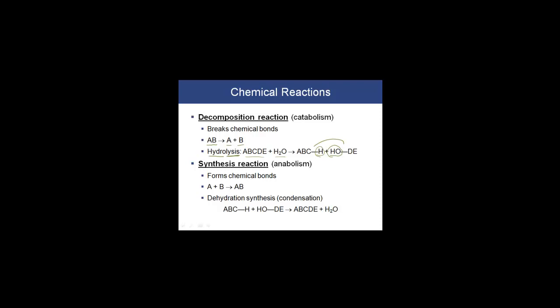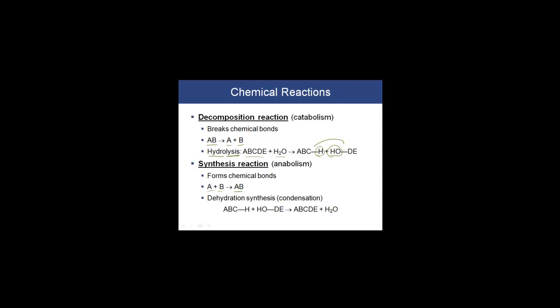Synthesis reactions refer to the formation of chemical bonds, and it's kind of the reverse of decomposition. In a synthesis reaction, A plus B is going to yield AB. So we've actually formed a covalent bond between A and B. Dehydration synthesis reaction or condensation is an example of a synthesis.